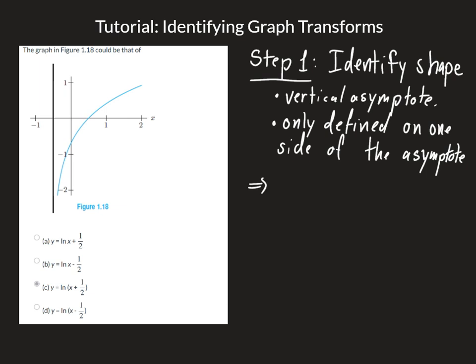Your suspicion should be, if you weren't already thinking this from the general shape of this function, that this is probably the function natural log in some form, but that has been shifted or otherwise transformed. Okay, so we figured out that the function we started off with, our baseline function, was probably just ln of x.